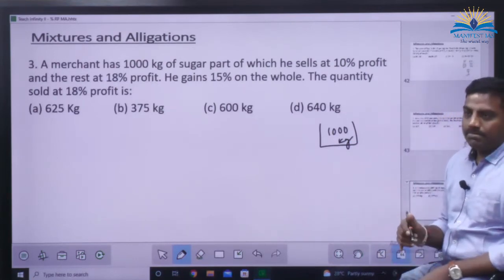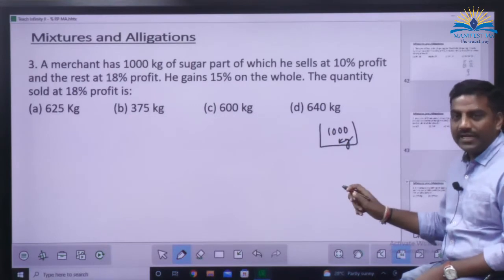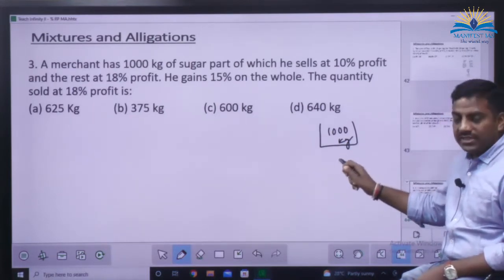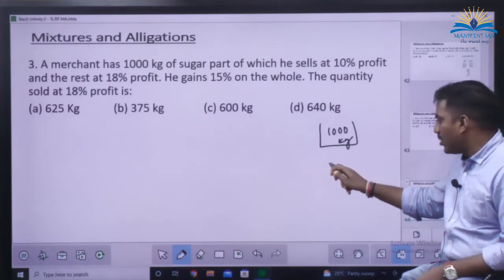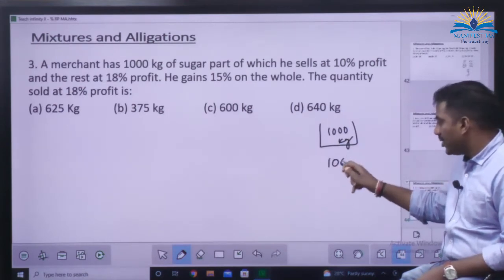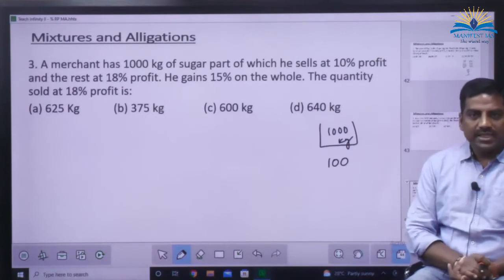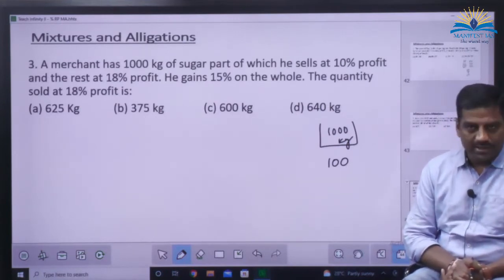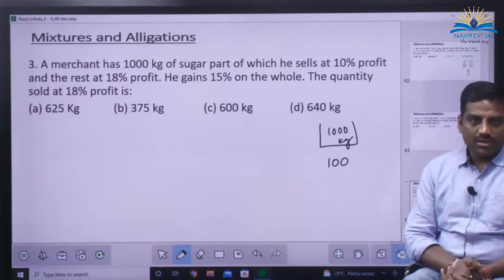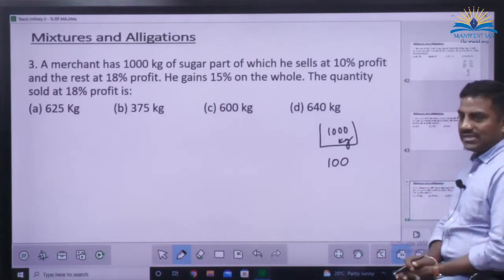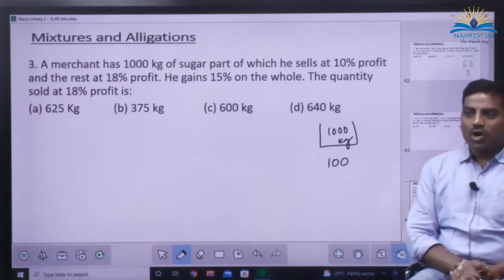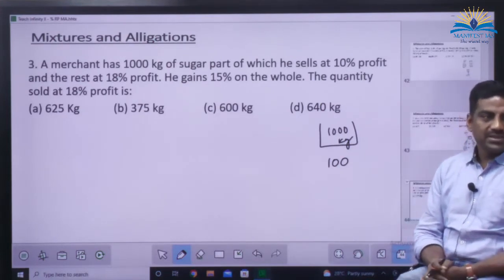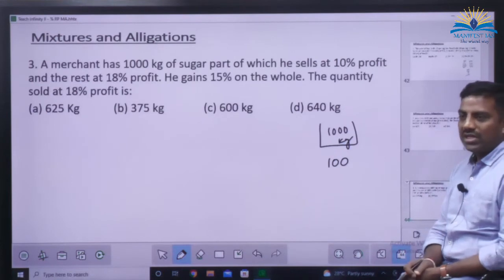Okay. Let us think that he has bought each kg of sugar at rupees 100. Let us take this as his cost price. Anyways, we are going to deal with profit and loss later. Let us think that he has bought each kg of sugar at rupees 100. What does that mean?